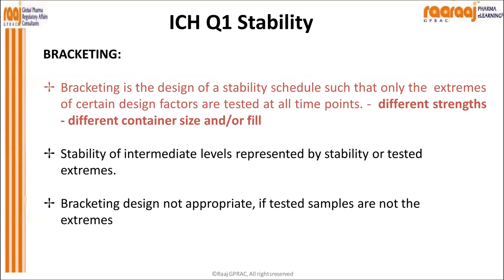Okay, so suppose 5 mg and 20 mg, you can test for all conditions, and the middle strength, you can give the waiver to and justify, so that you get all the data and you can scientifically justify your bracketing and matrixing in front of the health authority. Okay, and then the stability of intermediate level represented by stability of tested extremes. Bracketing design not appropriate if tested samples are not the extremes.